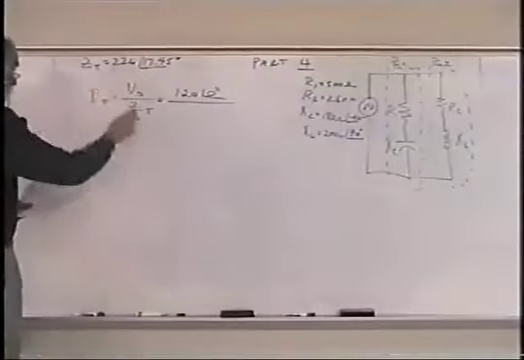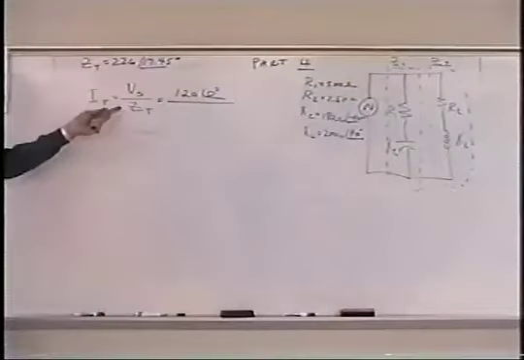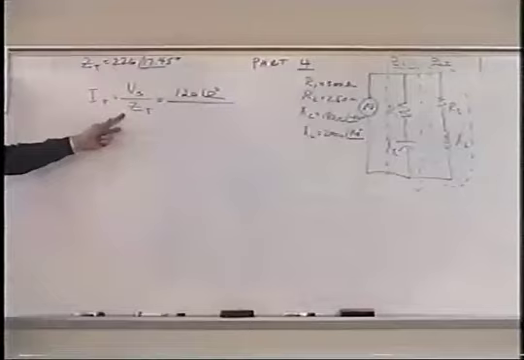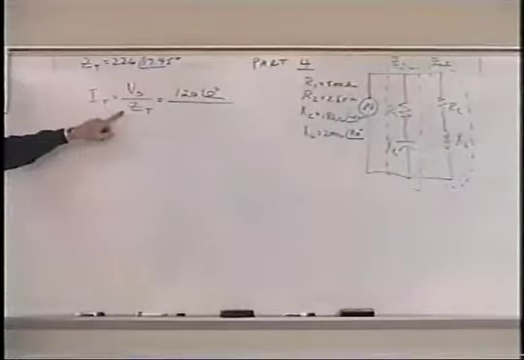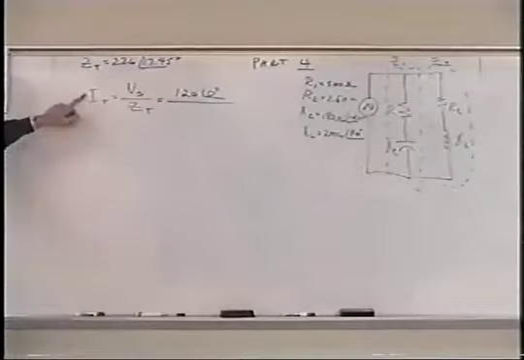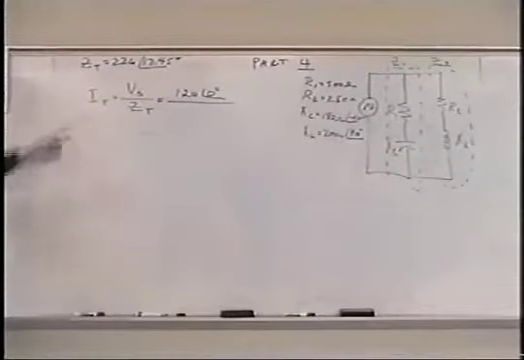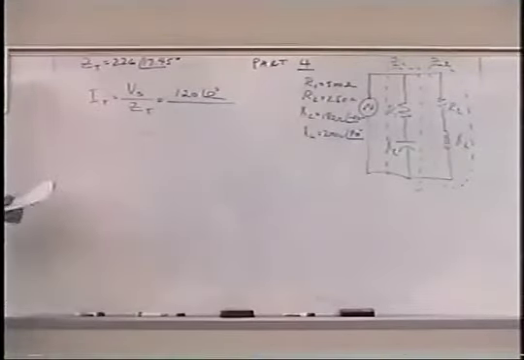And our Z total, now look, this is just Ohm's law, V divided by Z. Potential applied to the circuit divided by the opposition to current. That's going to give me the current. I is V divided by Z, just like I is V divided by R.